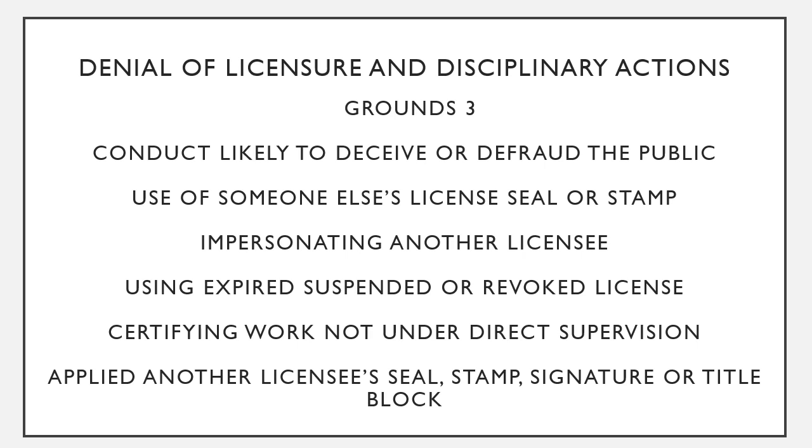Conduct likely to deceive or defraud the public, the use of someone else's license, seal, or stamp, impersonating another licensee, using expired, suspended, or revoked licenses, certifying work not under direct supervision, and applying another licensee's seal, stamp, signature, or title block to your work.